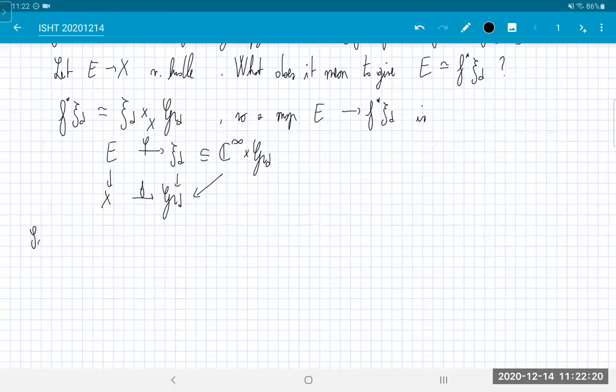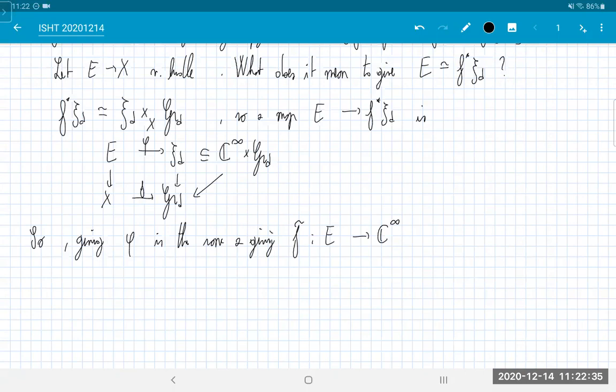So giving phi is the same as giving, say, f tilde from E to C infinity, such that f tilde of the fiber over x is exactly the subspace f of x. And sorry, phi tilde is injective, because we don't want to lose rank.